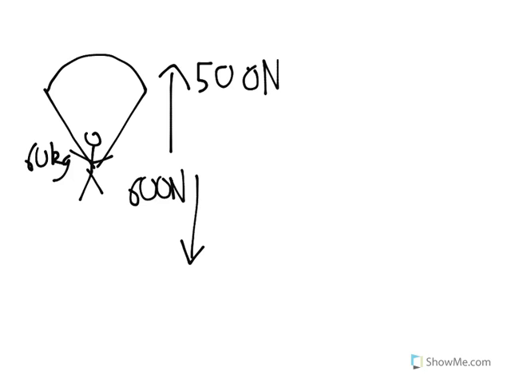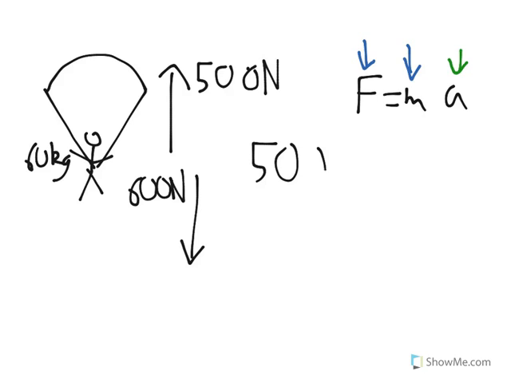So first we start by finding his net force, because in our equation, F equals ma, we have an answer for his mass, and we can figure out his force, and then that will let us find his acceleration. So his force is going to be 500 newtons, and we're going to call the upwards direction the positive direction. We could do it either way, but that's a fairly normal thing to do.